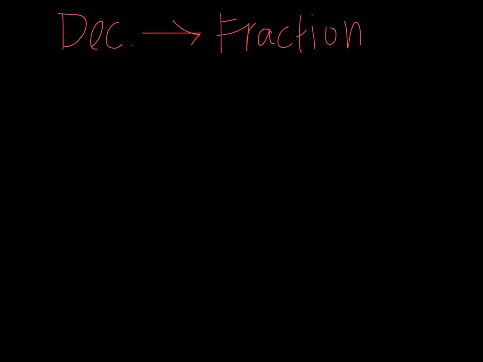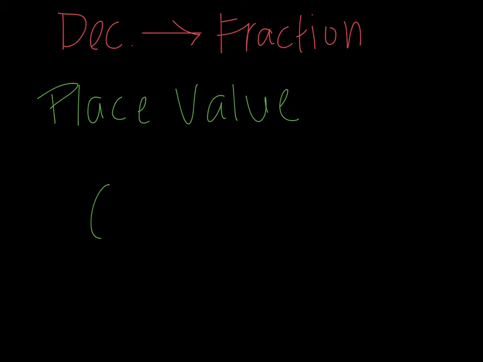Now to go from a decimal to a fraction, we have to keep in mind our place value. So if we think about place value, if we have a number and then a decimal, this first digit is the 10ths place.